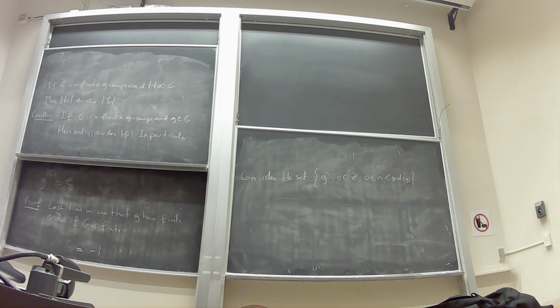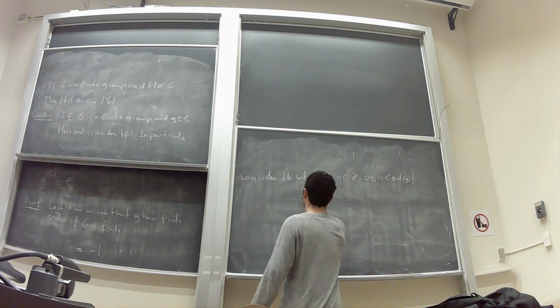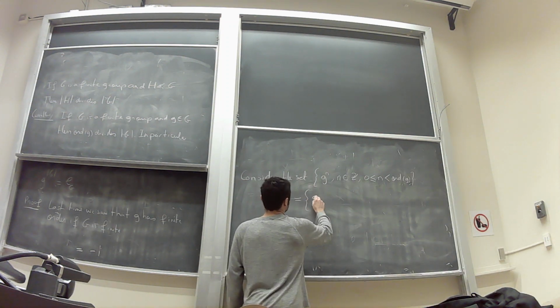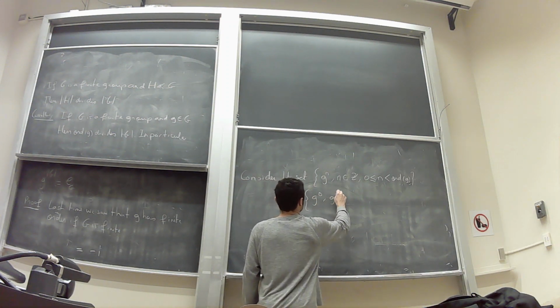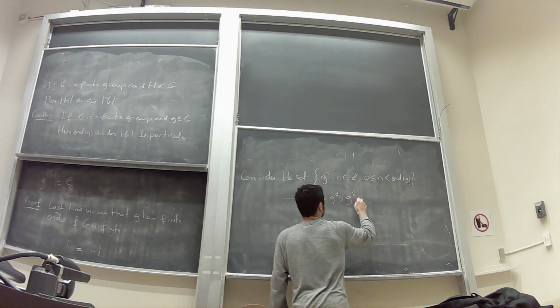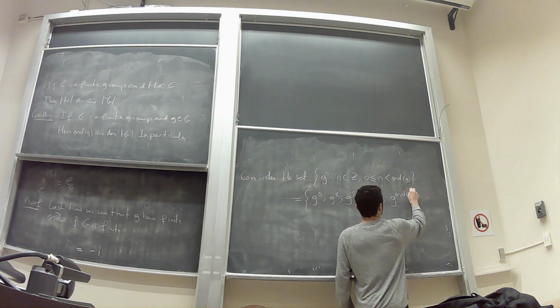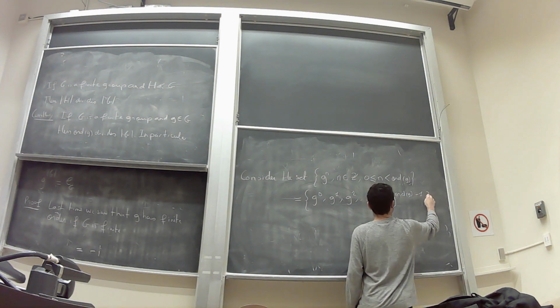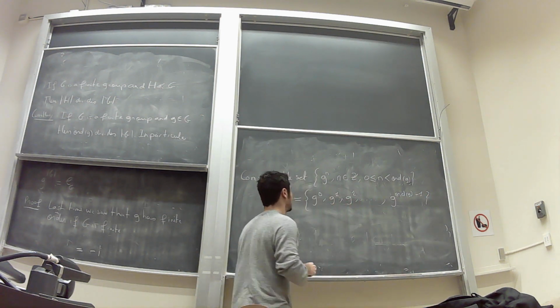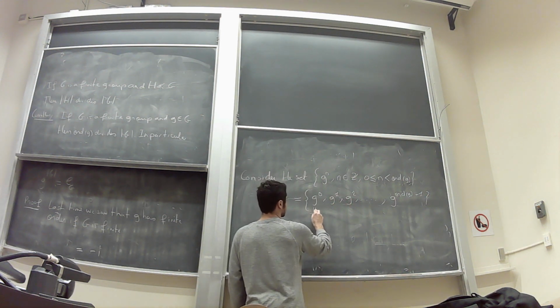What I'm really doing here, I'm taking all the powers of g, so g to the 0, g to the 1, g squared, up to g to the order of g minus 1. And g to the 0, of course, is the identity.